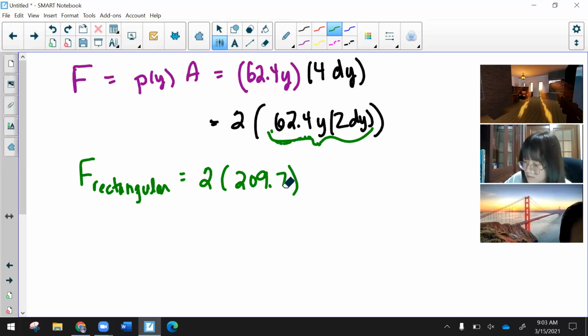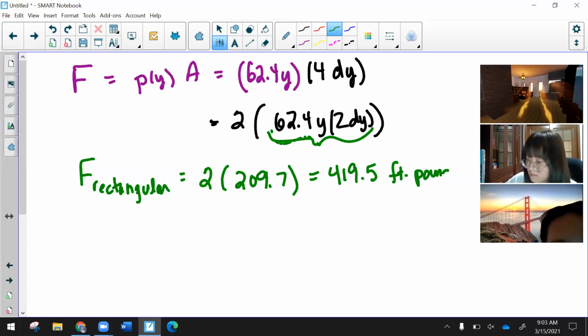Okay, I could go through and do the integral all over again, but sometimes you can take a shortcut. So that gives me 419.5 foot-pounds, okay? And that was for the situation in part A.